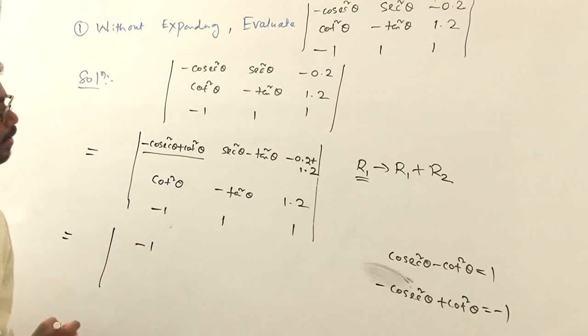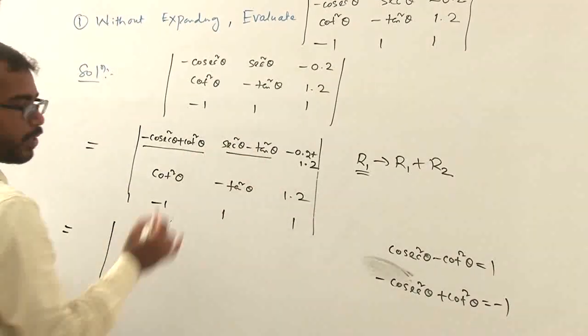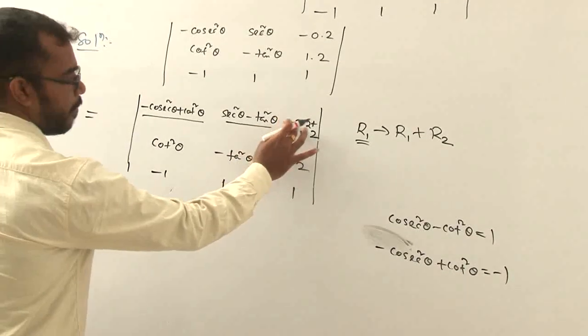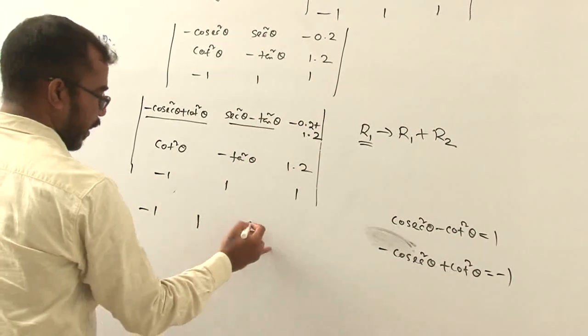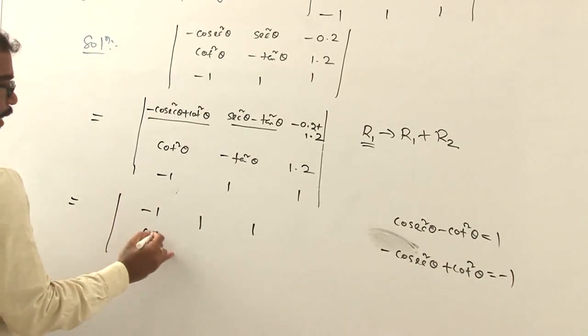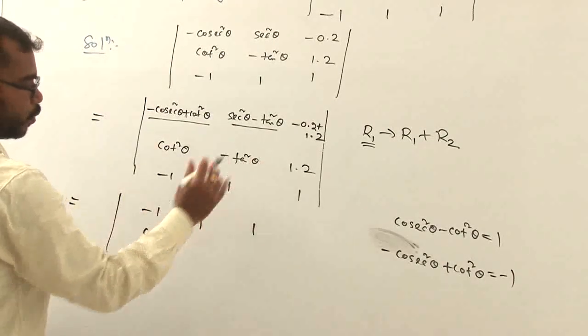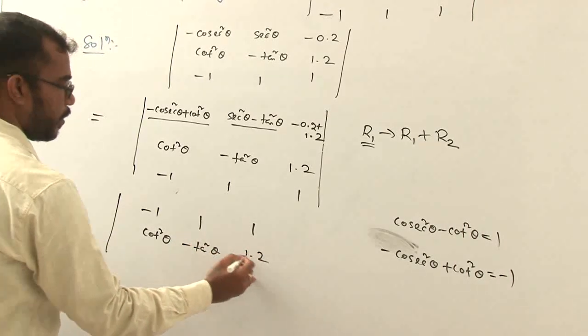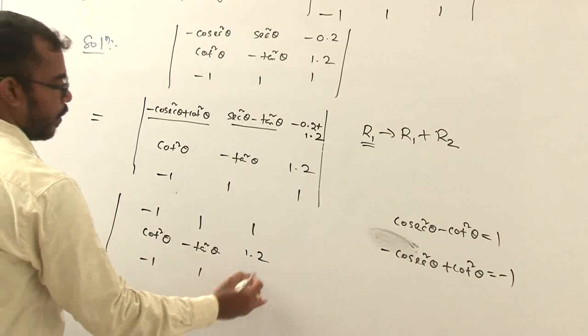So the value is minus 1. As you know, sec square theta minus tan square theta is also 1, and minus 0.2 plus 1.2 is also 1. And R2 remains the same: cot square theta, minus 1, 1, 1.